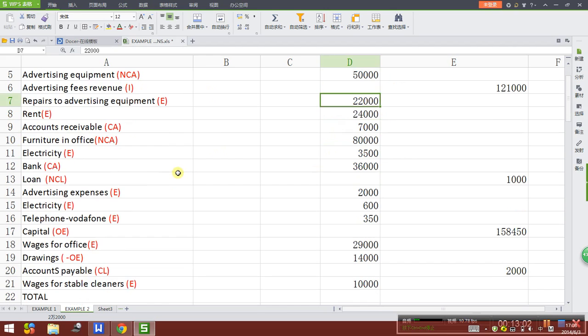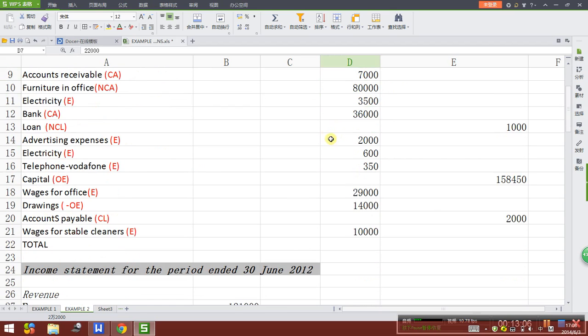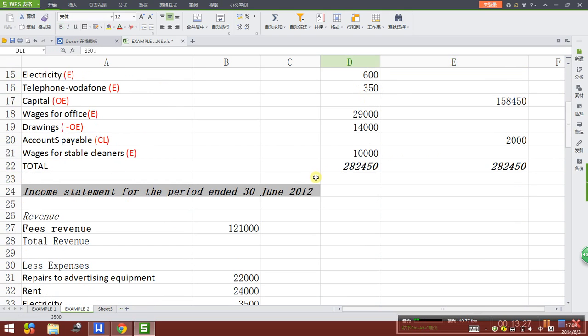So the total debit side is, in that side definitely the same. So it's also the same. If it's not the same, we must double check whether the data was put on the wrong side or a record mistake.